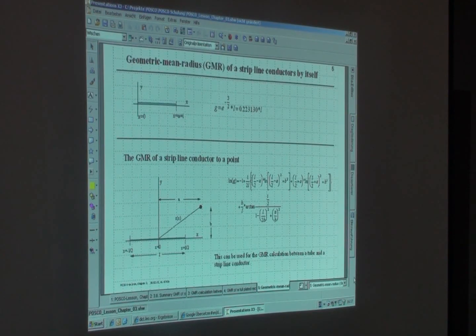Soll ich meinen Rechner runterfahren? Können Sie ja runterfahren. Ja? Okay.